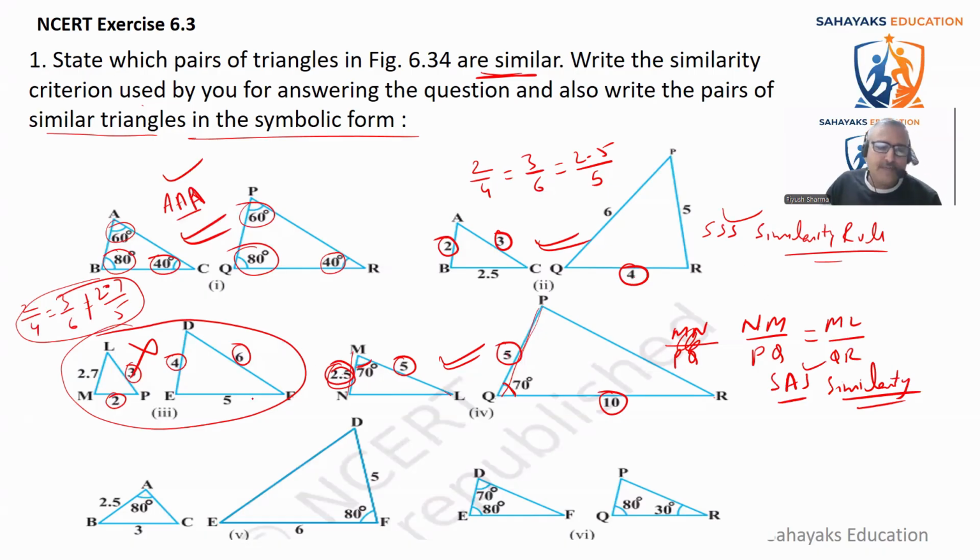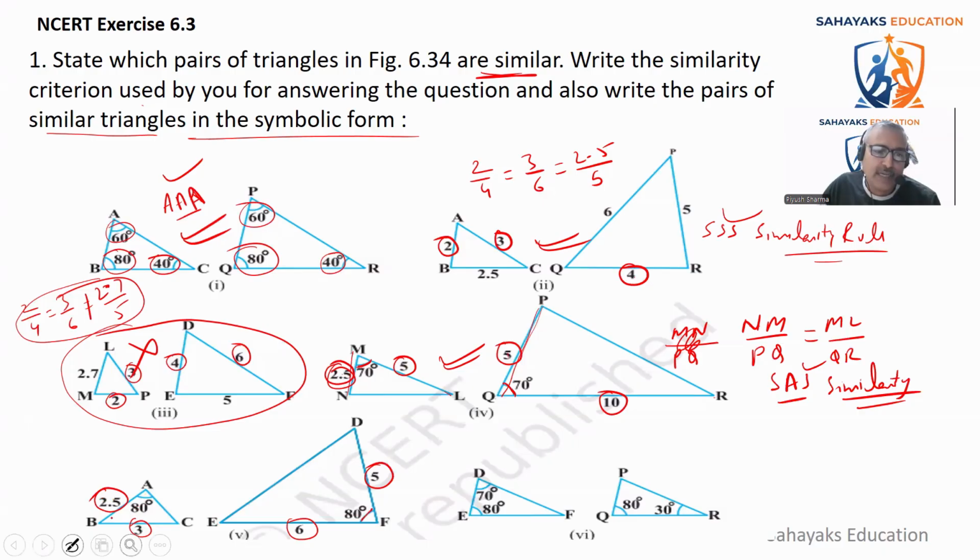Let's find out this one. Now we'll say it's 2.5. This is 5. Good. This is 3. This is 6. And the angle between 5 and 6 is 80 in this triangle. But the angle between this and this is not 80.